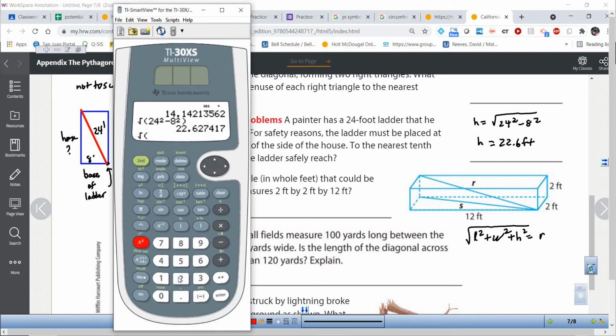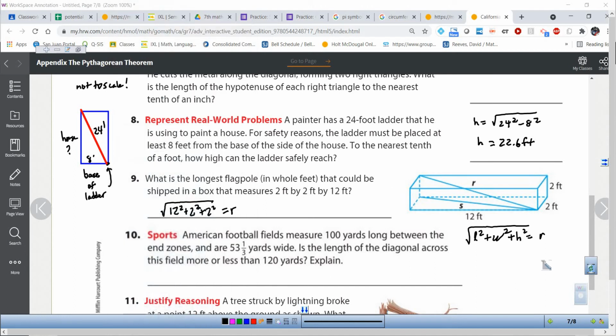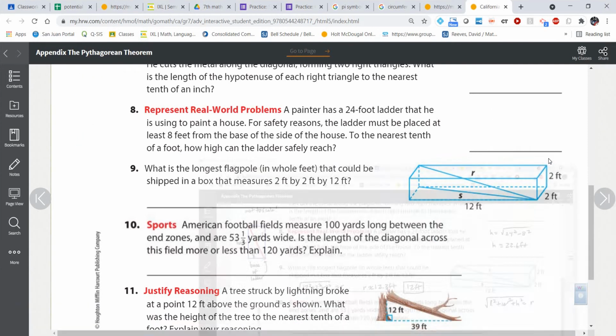When I do that, I get 12.3. So r is approximately 12.3 feet. The longest flagpole in whole feet would be 12 feet. So the answer to our question is 12 feet. Because 12 will fit because it's smaller than 12.3, but 13 feet obviously is not smaller than 12.3. So in whole feet, the longest flagpole is 12 feet.